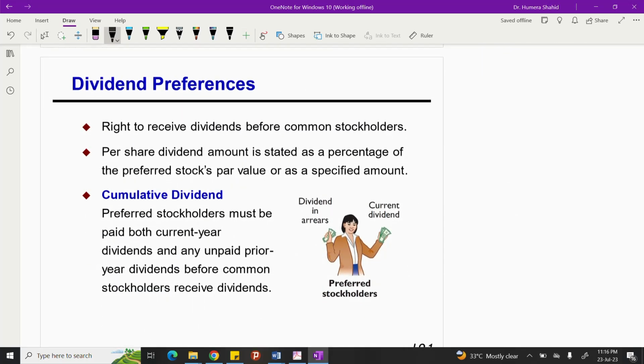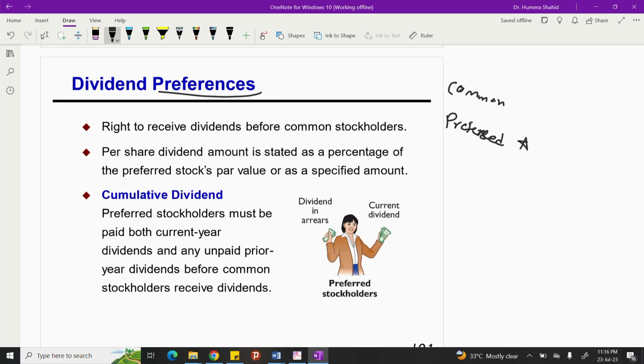Because we are talking about dividends, we cannot ignore dividend preferences. When I discussed different types of stocks with you in my previous recordings, we talked about common stock, and we also talked about preferred stock, right?